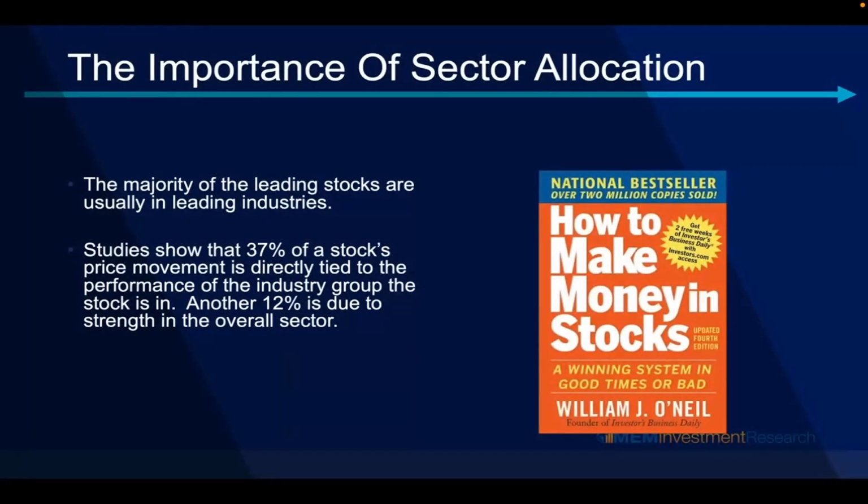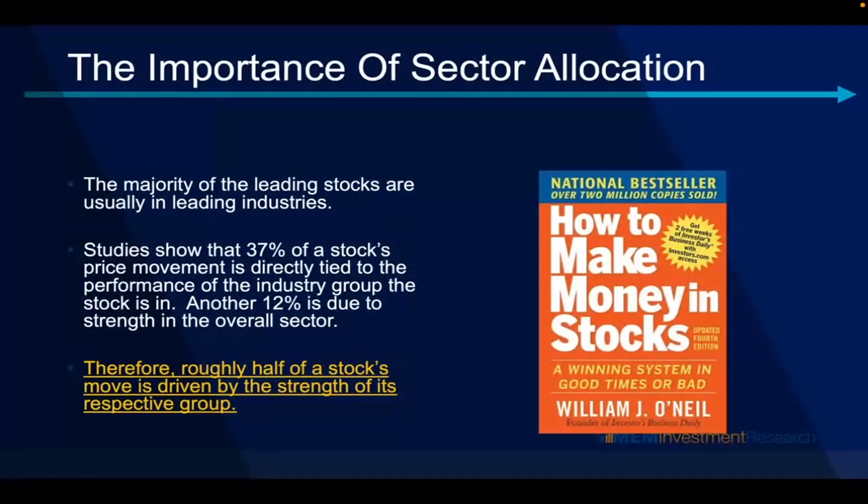And then another 12% is due to the strength in the overall sector. So therefore, roughly half of your stock's move is driven by the strength or weakness in your respective group for that stock. So really trying to give you that sense of how critical and how important it is that you get that sector allocation correct. And then we'll talk a little bit about industry groups from there.